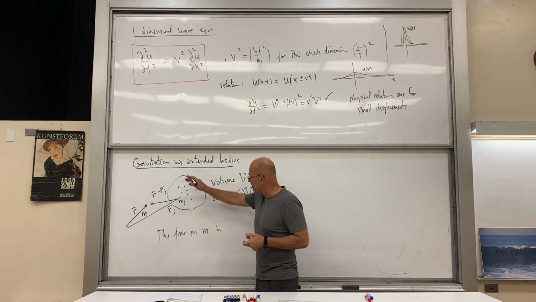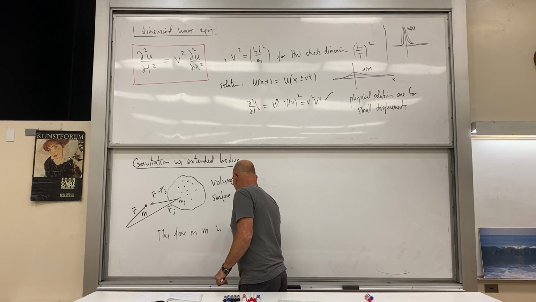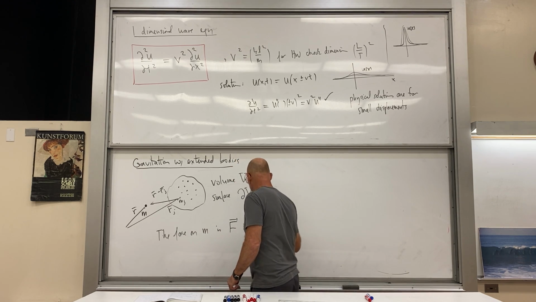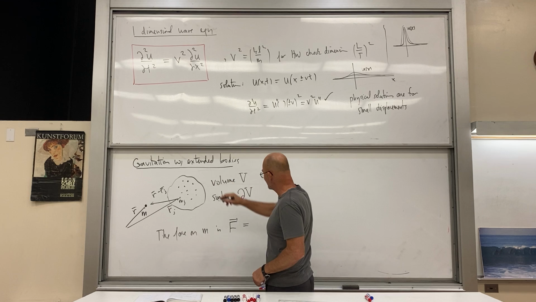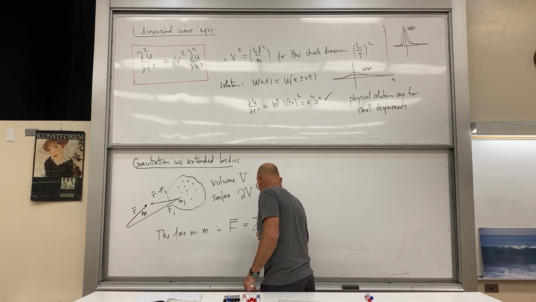Now we're just going to have a whole collection of these. I think we've seen this before. So we have F is equal to, and remember it's gravitation, so it's the sum of m sub j G, j equals 1 to n.